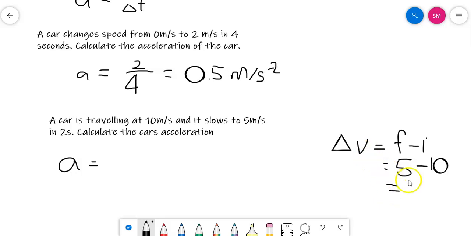So the change in velocity is going to be a negative value: 5 minus 10 equals negative 5. So the acceleration is negative 5 divided by 2, which you can put into your calculator, and it equals 2.5.